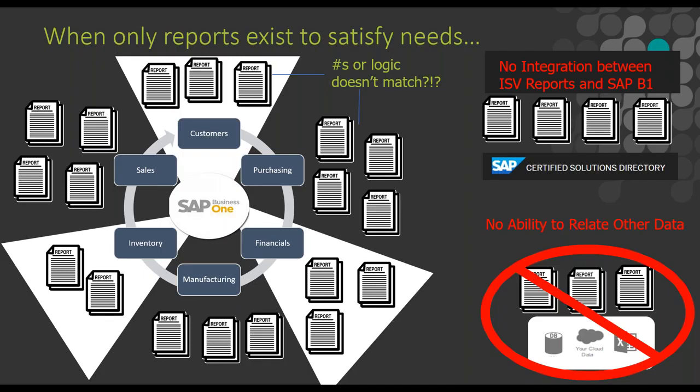And as you see on the right-hand side of this slide, the inability to integrate between SAP Business One and maybe some of the reports offered by other ISV products or products out of the Certified Solutions Directory makes it more challenging. Go even further to the inability to bring in data from other sources, such as your CRM applications, your other database applications, data in the cloud, and data in Excel. All of those things certainly contribute.